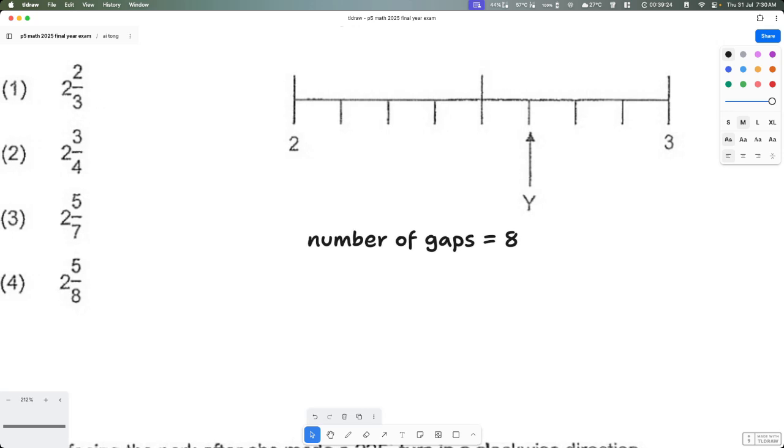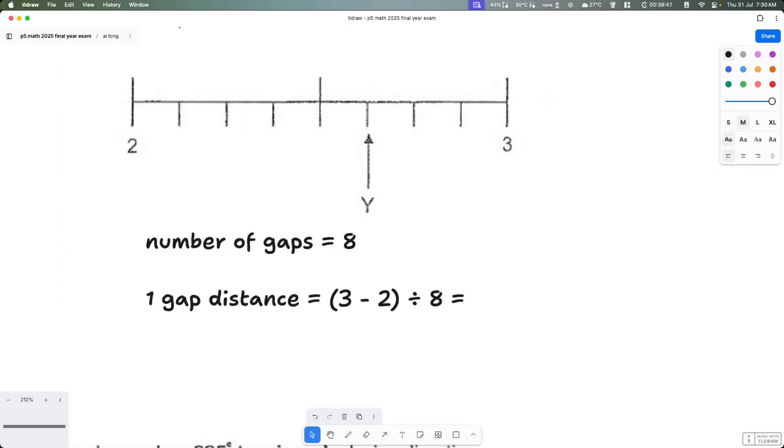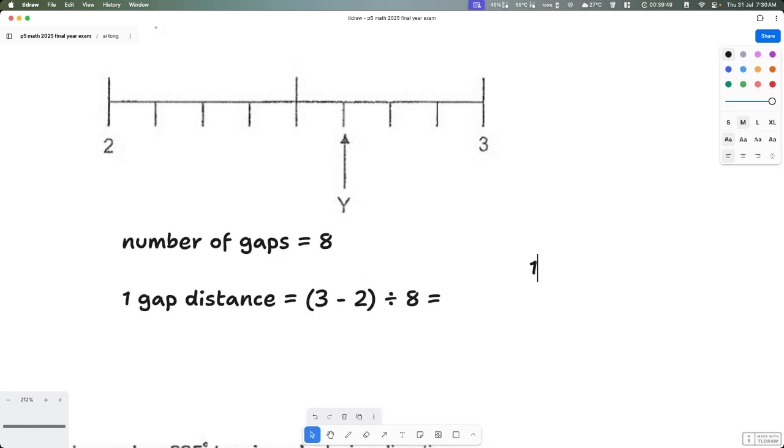So that means one gap distance is basically 3 minus 2, and then we divide it by 8 in this case over here. So this will essentially just become 1 over 8, because we have fractions over here.